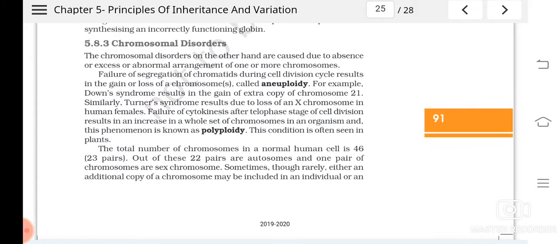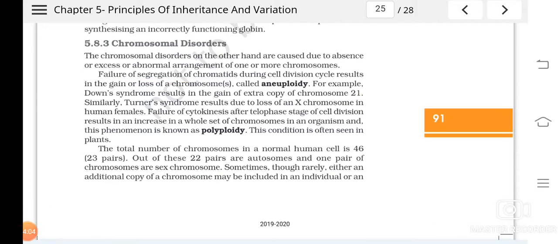So the condition where one or more chromosomes, either a single chromosome or pairs of chromosomes, are extra or less than normal is known as aneuploidy. This is caused by the failure of segregation of chromatids.